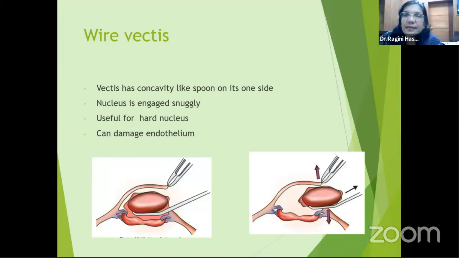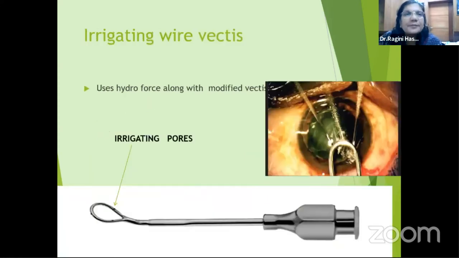In the wire vectis, instead of a visco-expression, a wire vectis or an irrigating vectis, my friend Dr. Siddharth Kamble does it, and it is used so that there is irrigation and no damage to the endothelium, and it is expressed out, which is easy to learn because you are doing vectis delivery in an ECCE.